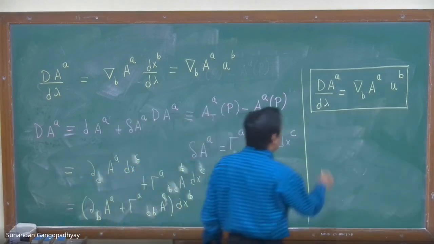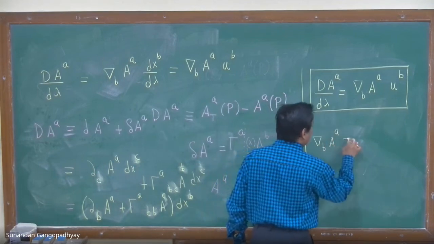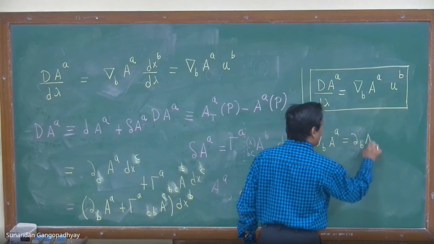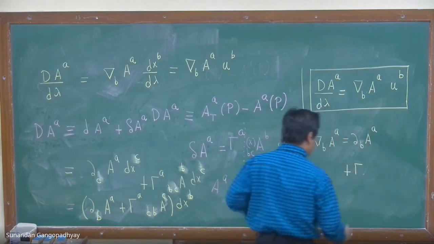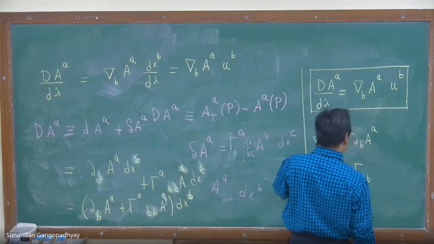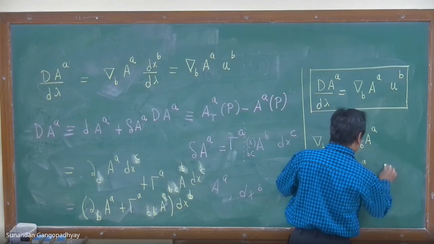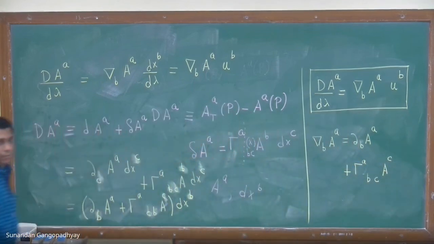What is grad B? This is the ordinary derivative plus gamma B. Okay.